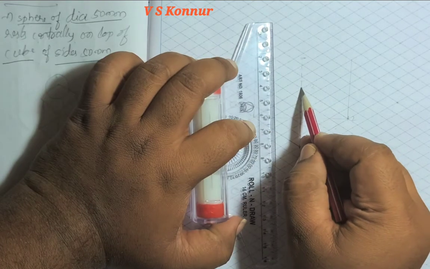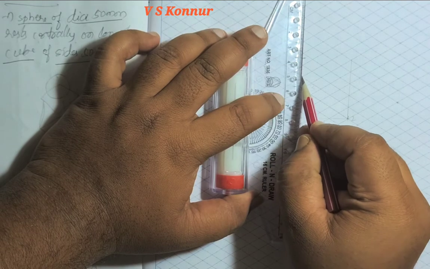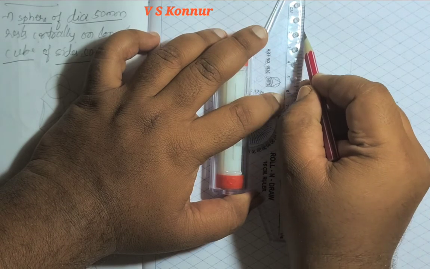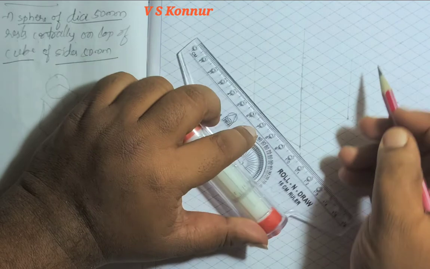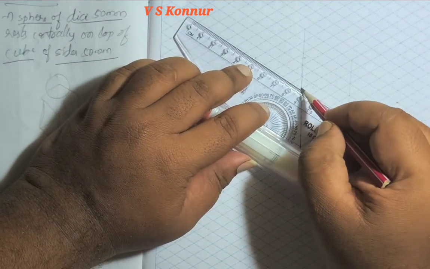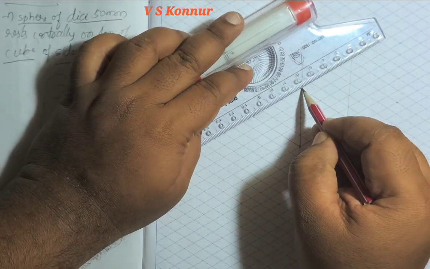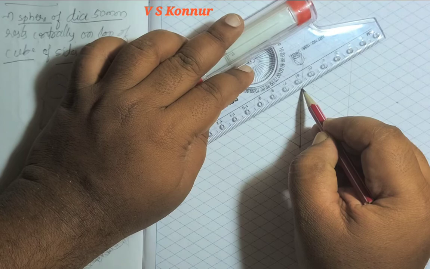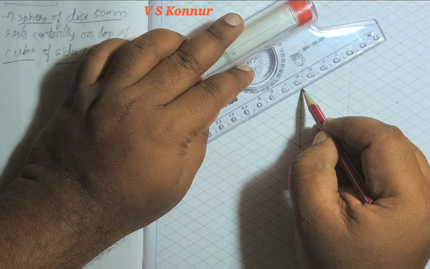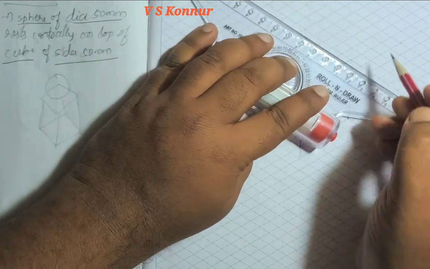Exactly it will be at this third point. From here, if you take the distance 1, 2, 3, 4, 5, here you will get it. So we'll join all these points once again with thin lines. Please draw with a thin line till the complete construction is over.